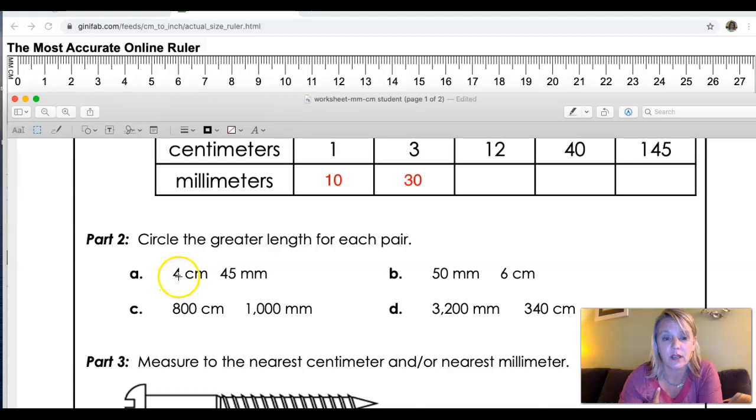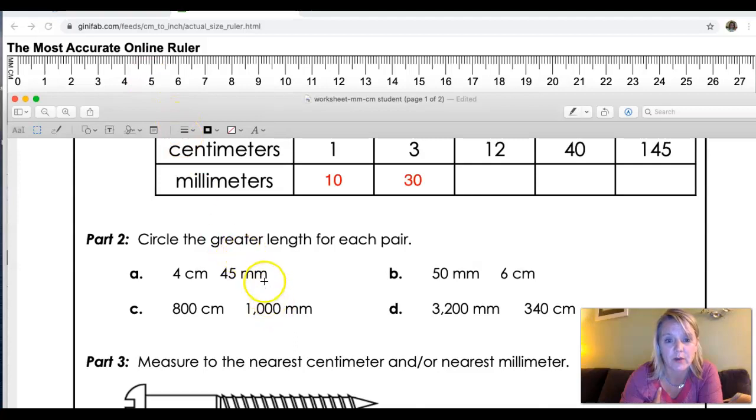Again, we move the decimal 1 to the right. That would make this 40 millimeters in 4 centimeters. That means this one's bigger, right? This is 45. So 45 millimeters would be 4.5 centimeters.